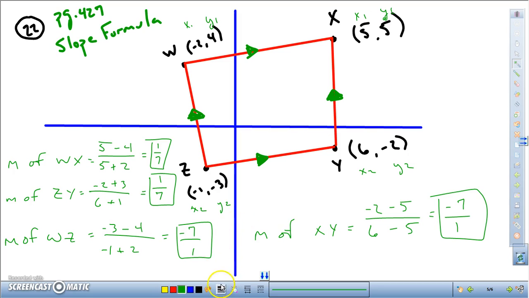Now I'm going to attempt to prove that it's a rectangle. A rectangle is a parallelogram that has 4 right angles. That's something that's true about a rectangle that's not necessarily true about all parallelograms. So if I can prove that I have right angles, then I can prove that this is a rectangle. But I don't necessarily need to prove all 4 of these angles are 90 degrees.